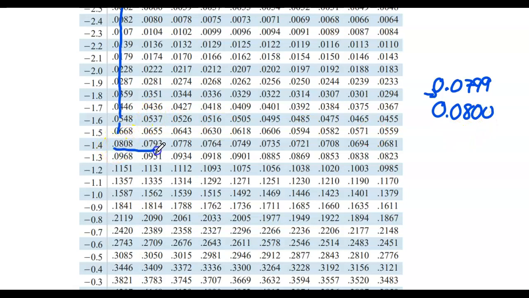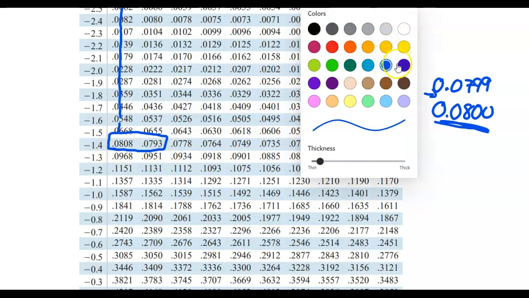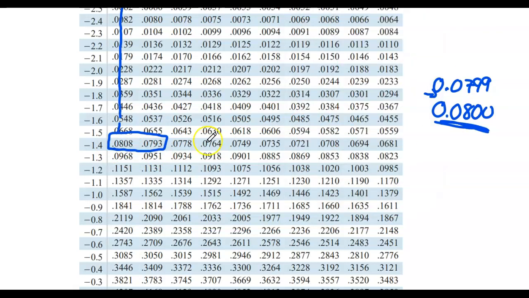Well, if I look at my chart, right here is where it changes from a 0.07 to a 0.08. Between these two numbers, I do not find a 0.08 exactly. Anytime you do not find that value exactly, you have to go to the one that's the closest. So if I look at these two values, I have to go to the one that's the closest.